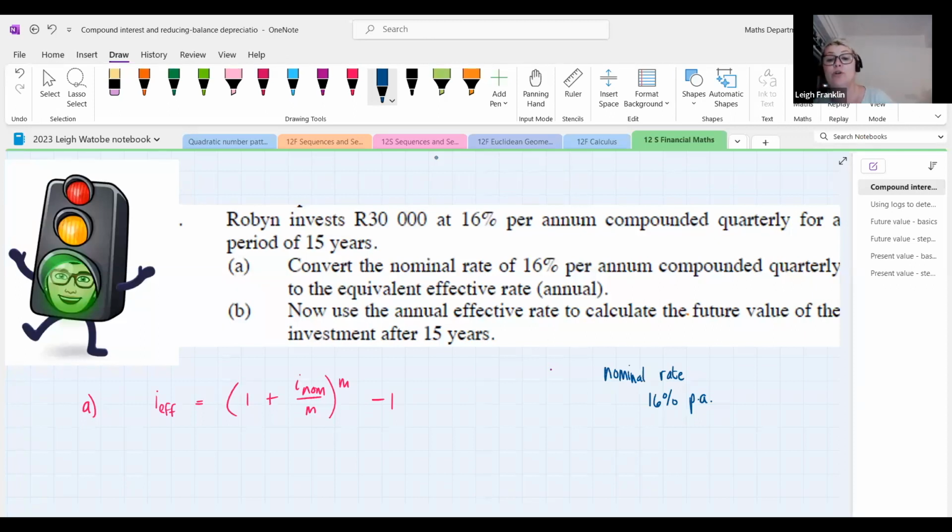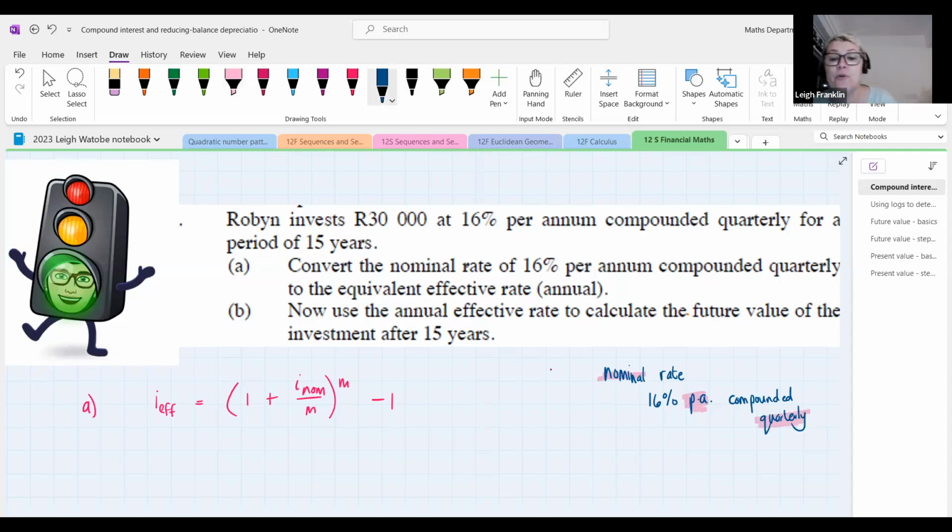In other words, the interest is not compounded annually. Let's say, like with this first question over here, it's compounded quarterly. So the interest is paid per annum, but it is compounded quarterly and not annually. That is a nominal rate.